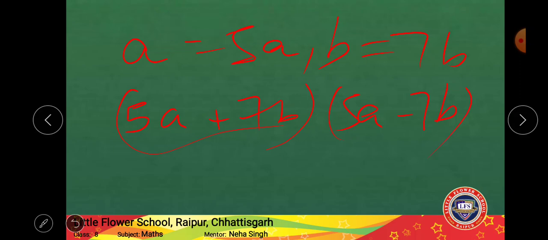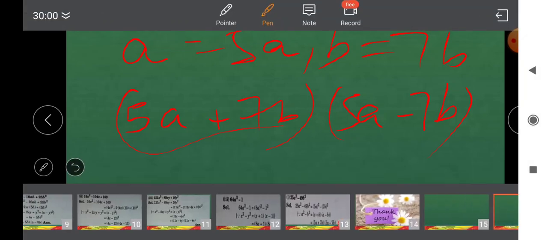Understood? Like this only, step by step you are going to write it. Now coming on to the next question, it is 64a square minus 1. Right? So 64a square, 64 can I write it as 8 square, right? And minus 1.